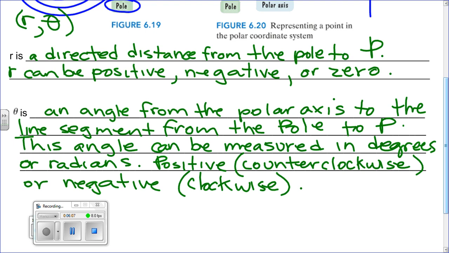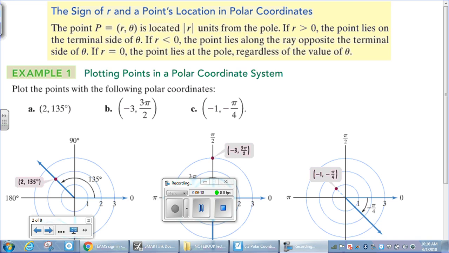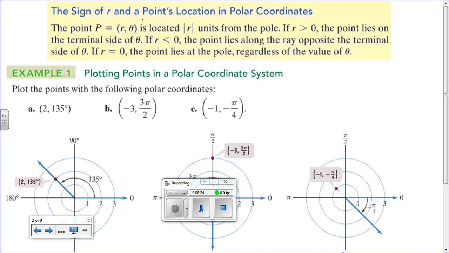Okay, so now let's see how we're going to use that to graph points first. We will refer to the point using the radius and the angle.